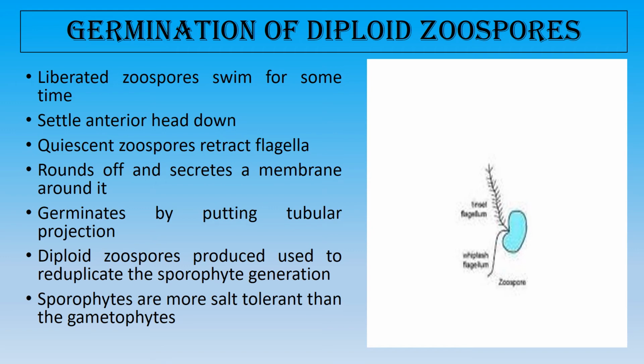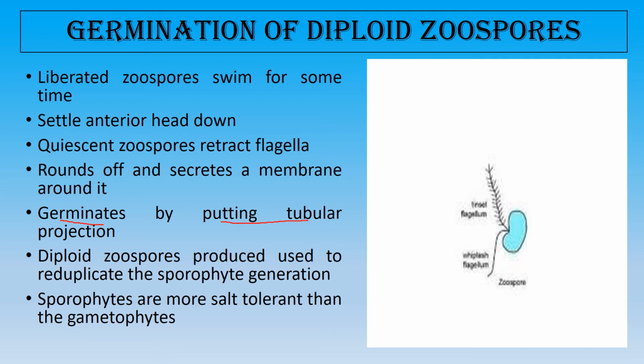Then it settles down with the anterior region on the downward side, and it retracts the flagella. Once it retracts the flagella, a membrane is secreted, and then it rounds off and germinates by putting forward a tubular projection.